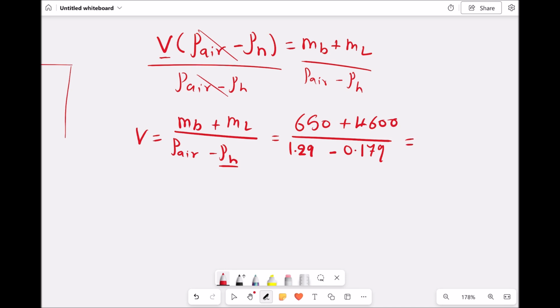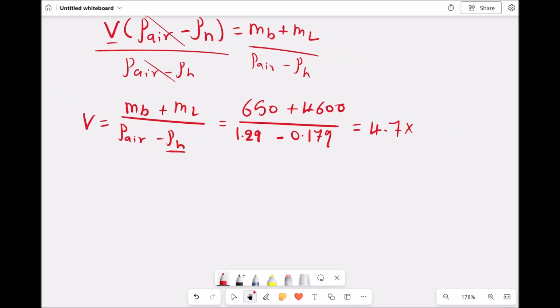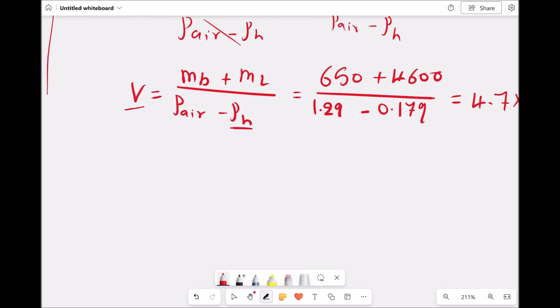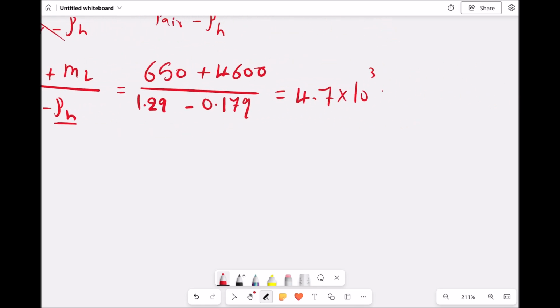Calculate this number and you will get 4.7 times 10 to the power of 3. What's the unit? This is volume. Careful, mind the unit, which is cubic meter. This is the volume of the balloon.